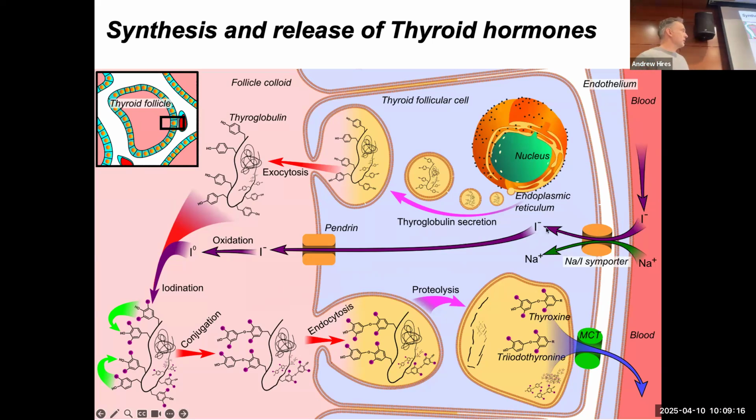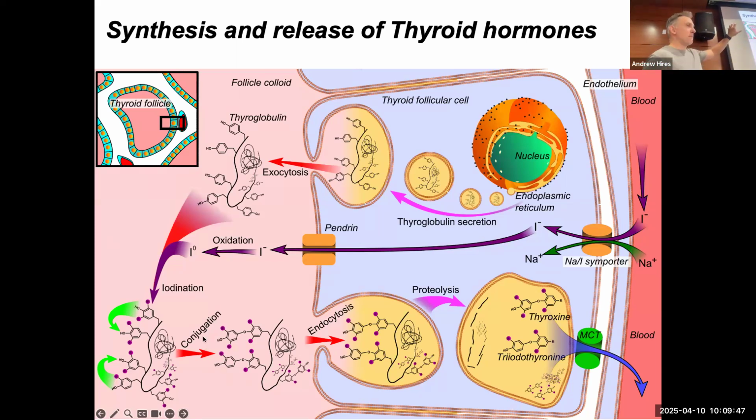Then we've got these other pores that just allow passive diffusion of this concentrated iodine into the follicle colloid area. This is an encapsulated zone surrounded by these thyroid cells, which are going to dump out iodine into this little zone.